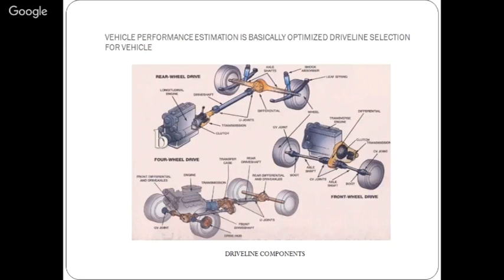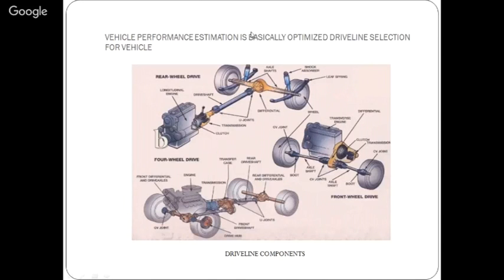In this, the engine is our main component which is going to deliver power to our vehicle. The second one is the transmission, which distributes that power for our torque as well as speed requirements.